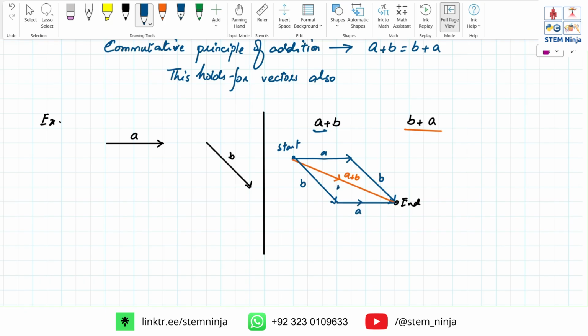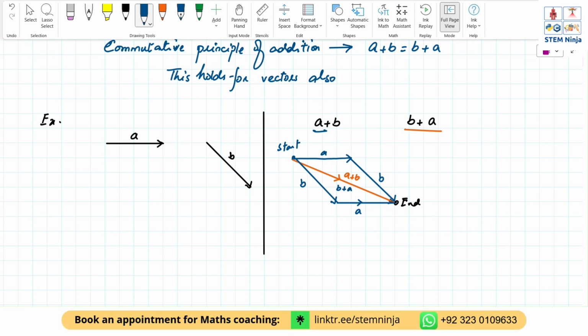And as you can see, B plus A is also reaching the same endpoint. That means A plus B is equal to B plus A. So this commutative principle holds for addition also. And there's another name for this also, which is called the parallelogram law of vector addition.